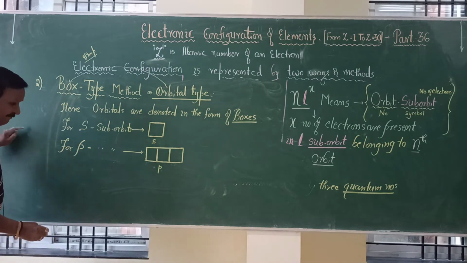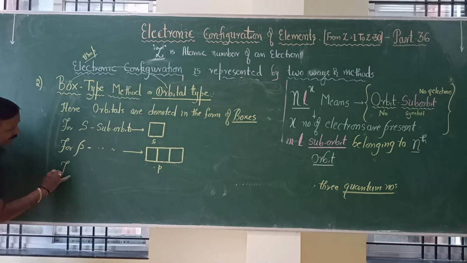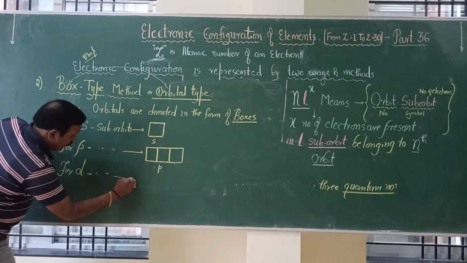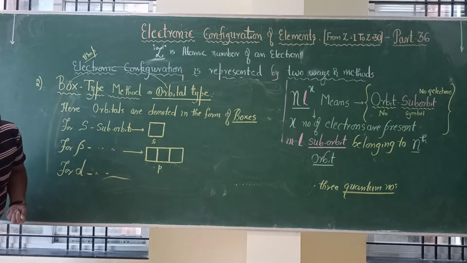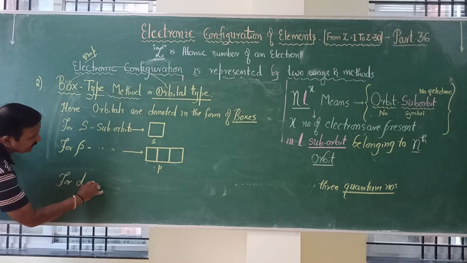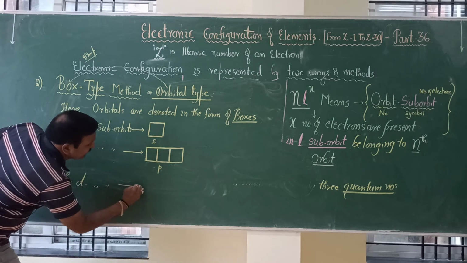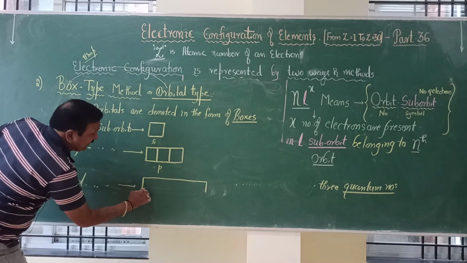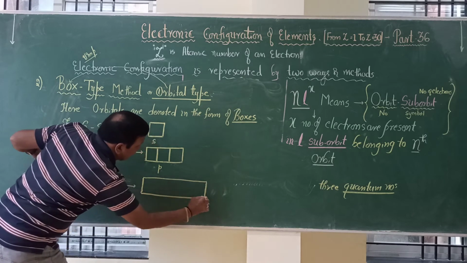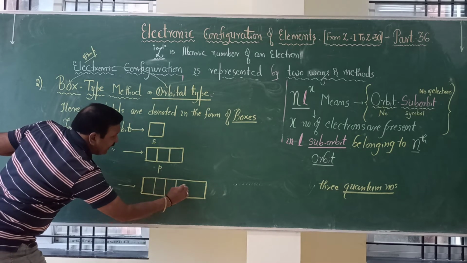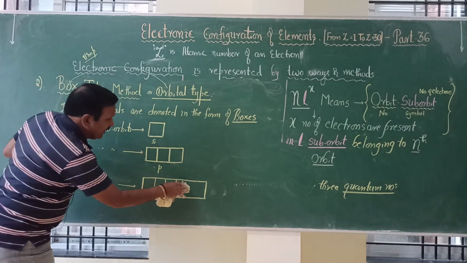Then for d suborbits, the box type notation will be, there are 5 degenerate orbitals, and you are going to write 1, 2, 3, 4, and 5. Almost they should be equal in size, that's all.